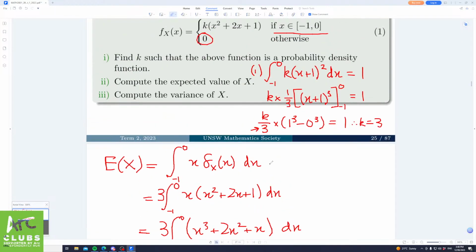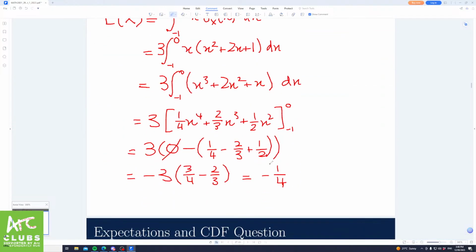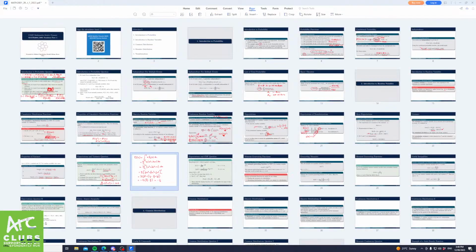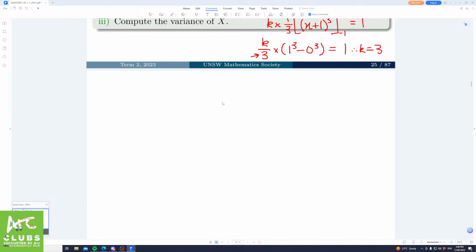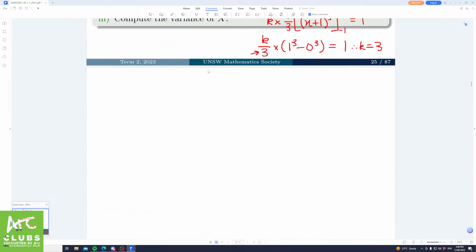And to compute the variance of x, I might just add one more page. Okay. To find var of x, we need to first compute E of x squared. E of x squared is going to be the integral from -1 to 0.